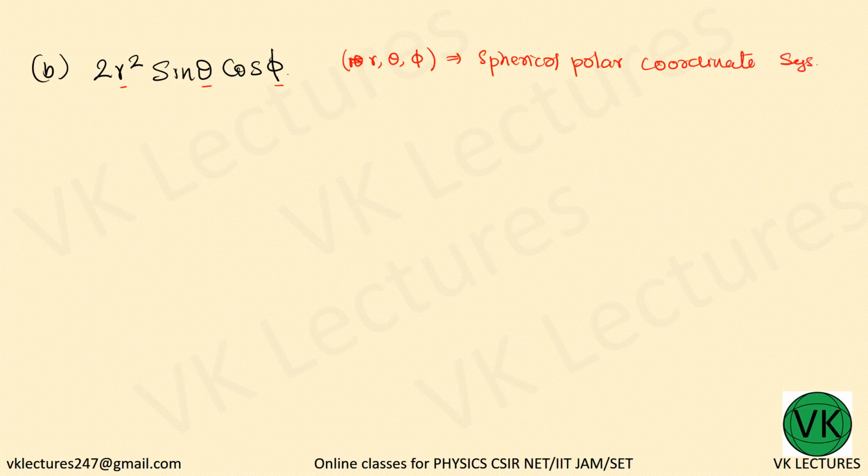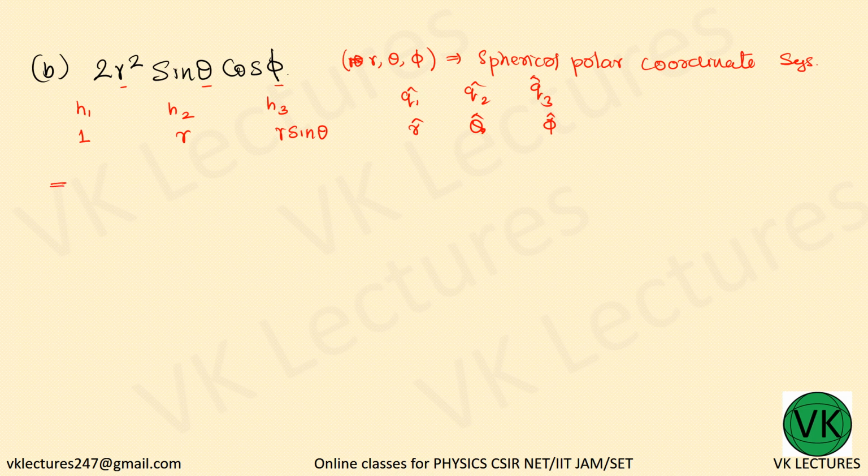Now what we have to do, first we have to find the corresponding h1, h2, h3. h1 is 1, h2 is r, and h3 is r sin theta. And what are q1 cap, q2 cap and q3 cap? q1 cap is r cap, this is theta cap, this is phi cap, r theta phi.